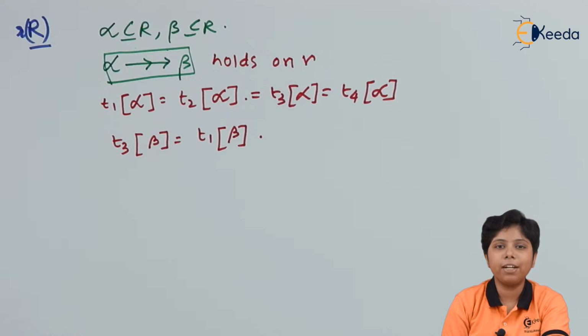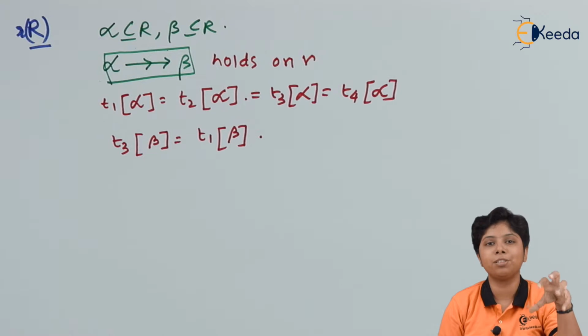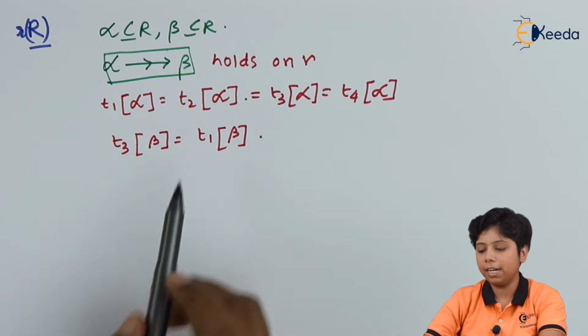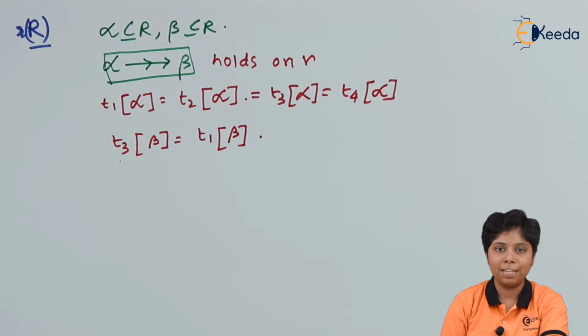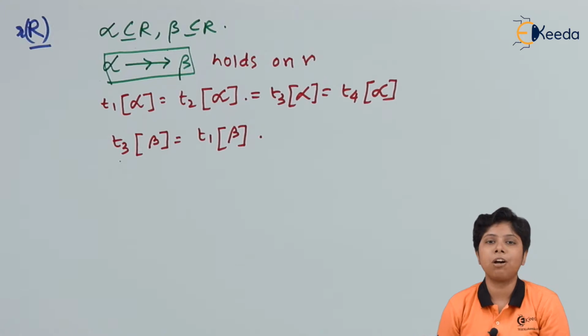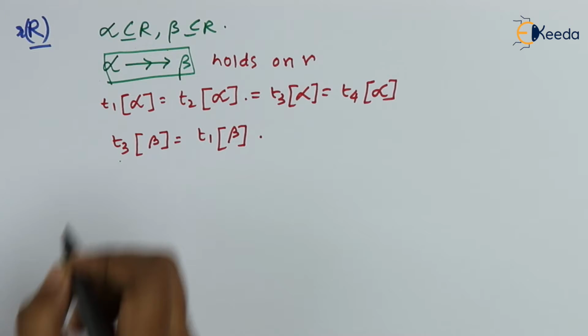So for t1 and t2 that match with the same value of alpha, we have got other tuples t3 and t4, in this way, so that all their alpha will match. That means the ID of the instructor will be the same, and now the beta of t3 will be equal to the beta of t1. That means any two parts of these tuples will be the same for the dependent one.